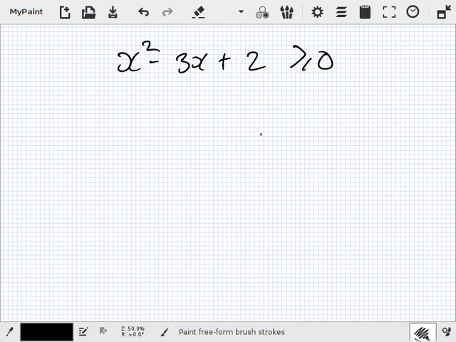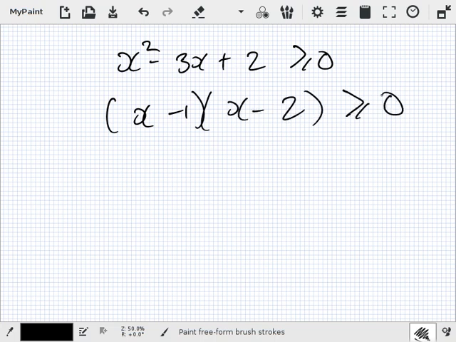So it will be x minus 1 and x minus 2. Yeah, so that's 1 and 2.